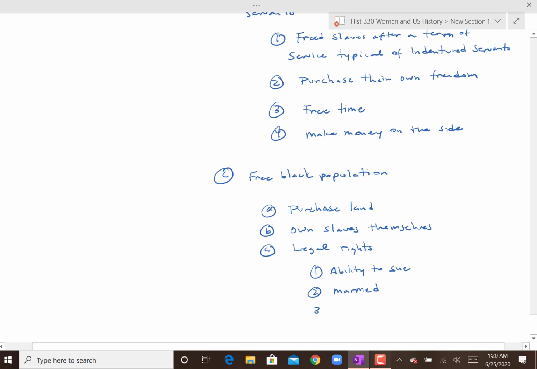There was also some suggestion of early voting rights for men only. Women still could not vote. And so they were part of an informal government, right? All of that.